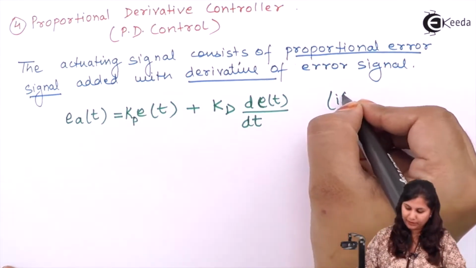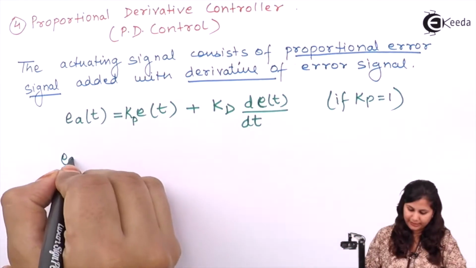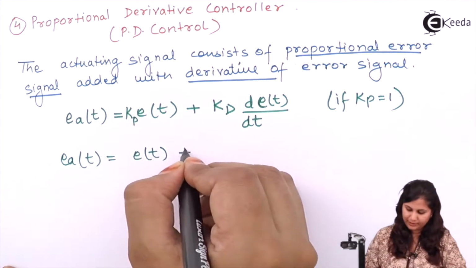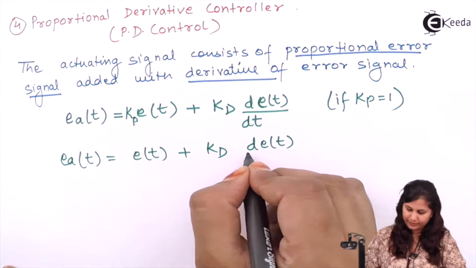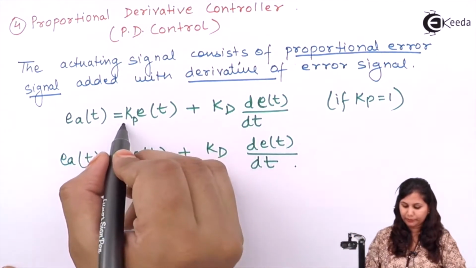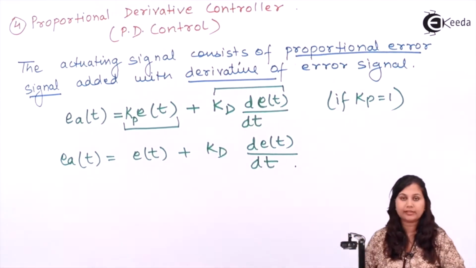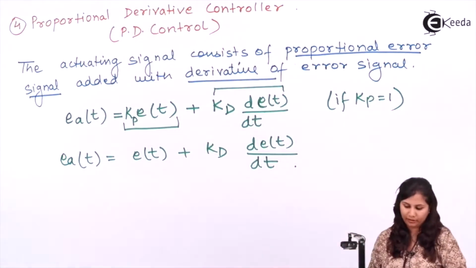Now if Kp is equal to 1, then it can be written as ea(t) equals e(t) plus Kd de(t)/dt. So it has both the proportional error signal and the derivative error signal. That is why it is called the proportional derivative controller.